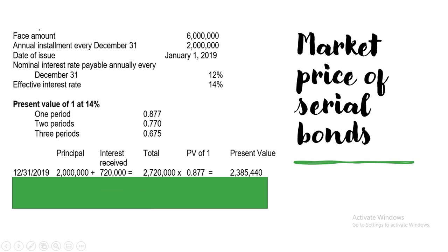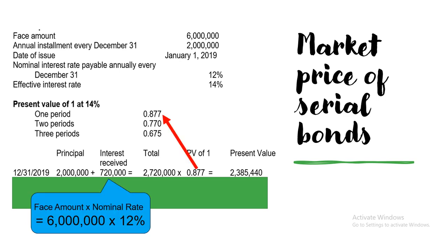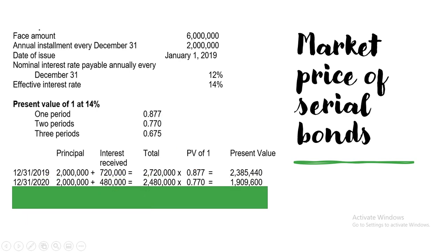So, the total cash inflow is 2,720,000. Multiply by the present value of 1 for 1 period. So, you do have the present value of 2,385,440.